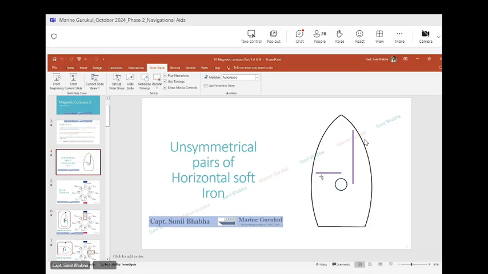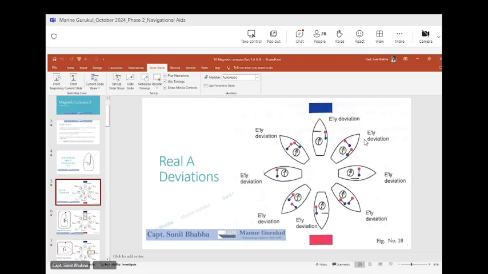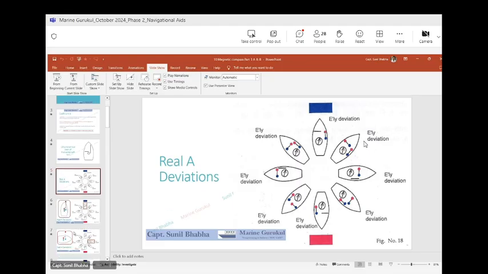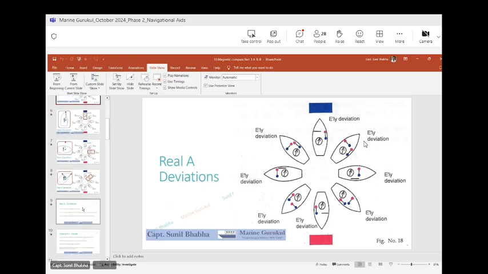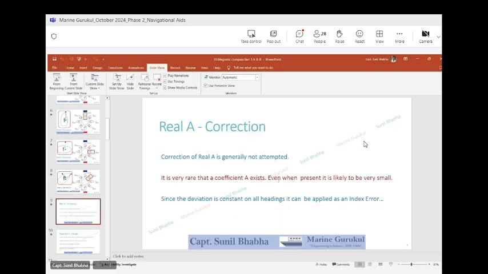You have these 2 structures. And third important part is making this deviation diagram, beta. So make this deviation diagram, show the deviations on all the headings. And next would be the correction. So once you do this much, that completes the 25 marks, beta.